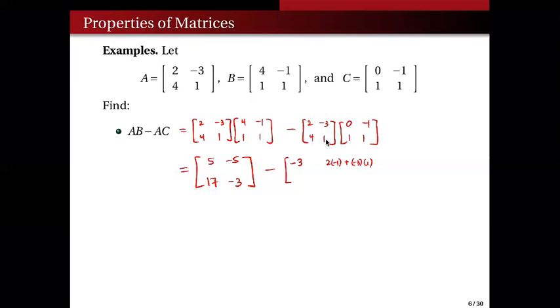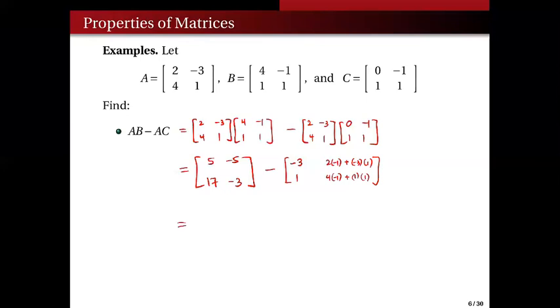Then second row, first column, we have 4 times 0 plus 1 times 1. So we have 1 in here. Then second row, second column, we have 4 times negative 1 plus 1 times 1.